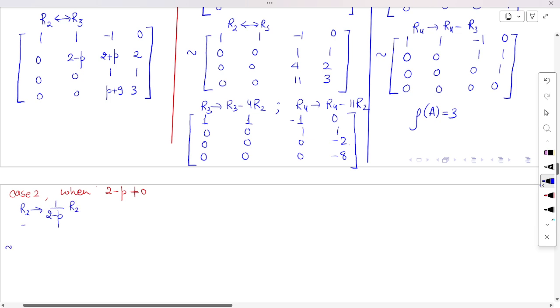So this matrix becomes 1 1 minus 1 and 0, 0 0 (2 plus p) divided by (2 minus p) and 2 divided by (2 minus p), then 0 0 1 1, 0 0, p plus 9 and 3.